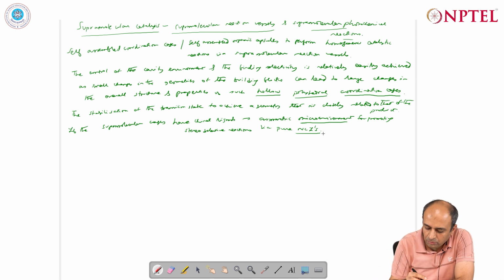So, in order to understand the kinetics and the overall thermodynamics of the process of substrate reaction to give you the product via a particular supramolecular cage, we have the following reactions.